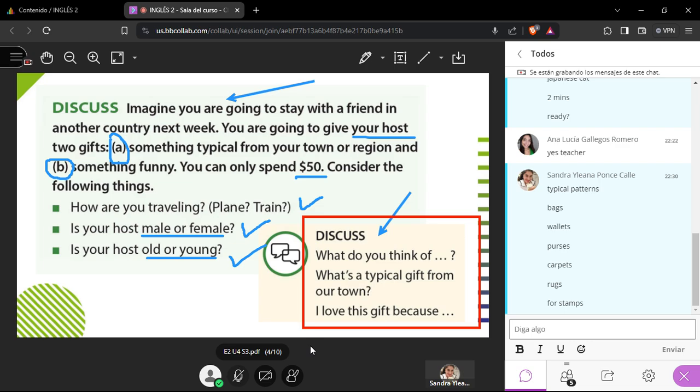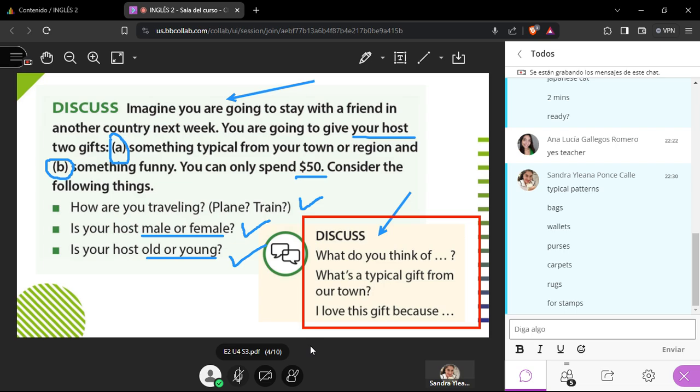Take into consideration how you are traveling. So please discuss how you are going to travel to the country that you're going to visit, Uruguay, Paraguay, or Chile. By plane, by train. Is your host male or female? And is your host old or young?